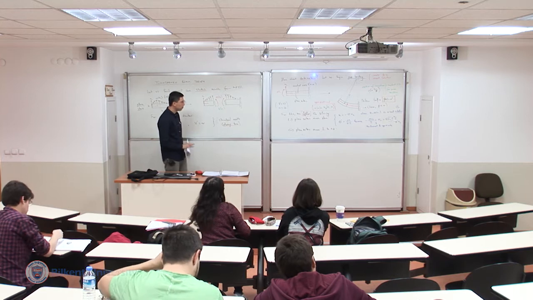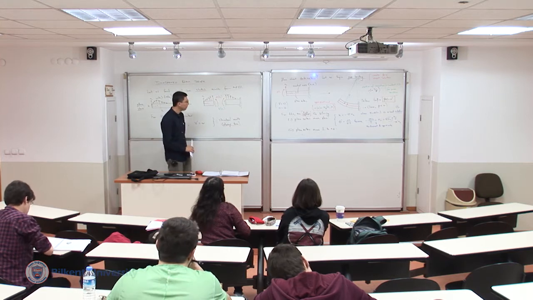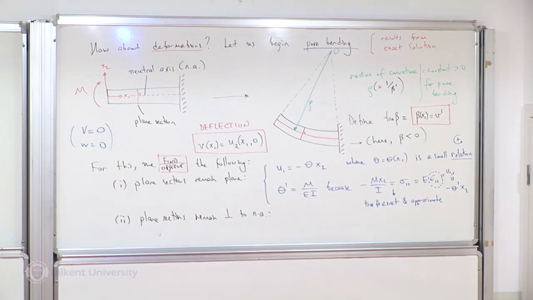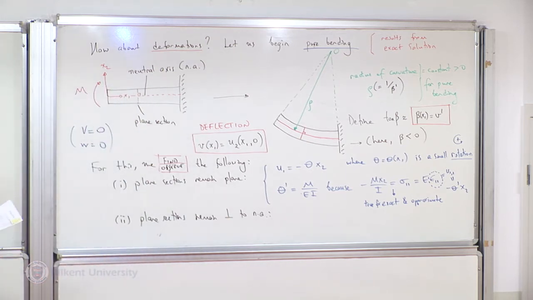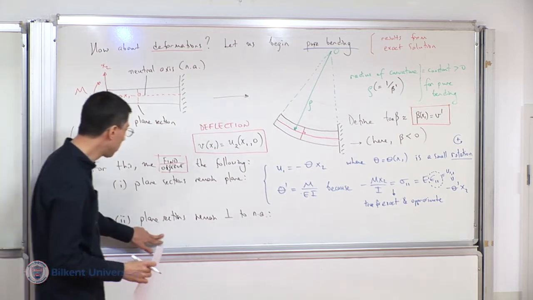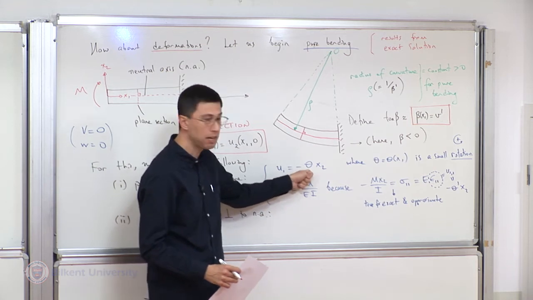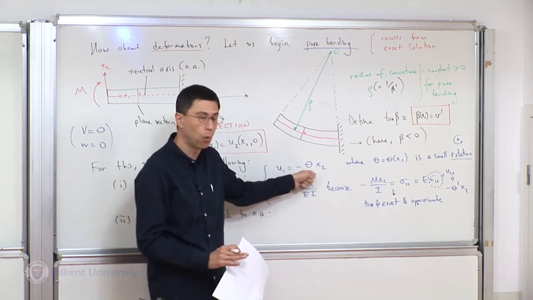So that last step pertains to plane sections remaining plane. Now, we also have an observation that is induced by plane sections remaining perpendicular to the neutral axis after deformation. Okay? And that observation is concerning this angle. This angle, so far I don't know what it is.